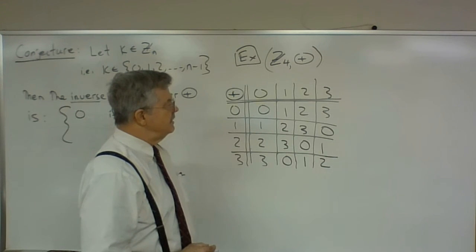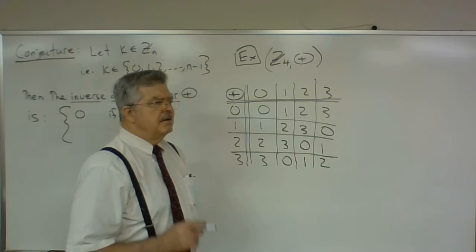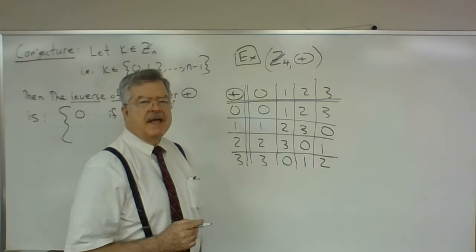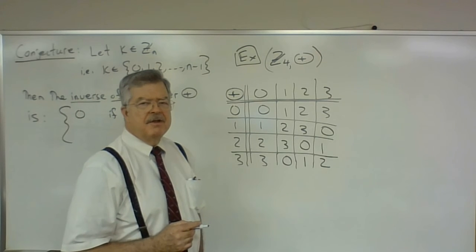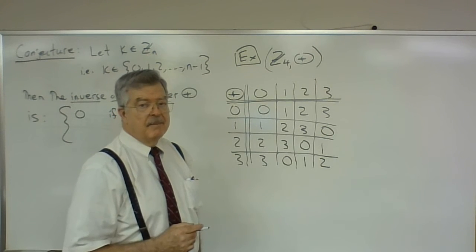So the pattern seems to be that if k is not 0, then k inverse is the number that we have to add to k to get n, which is congruent to 0 mod n.